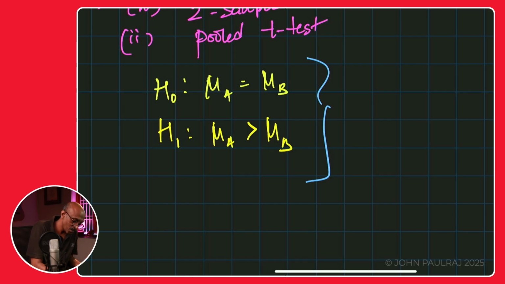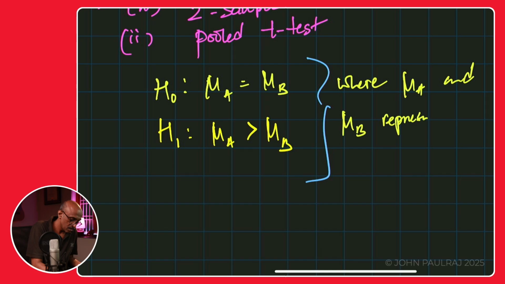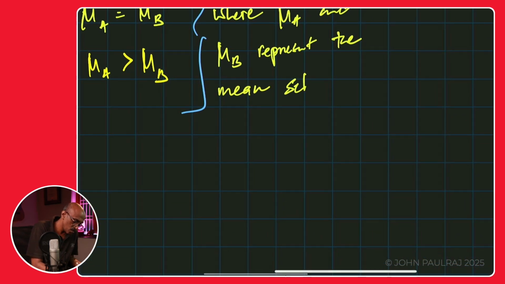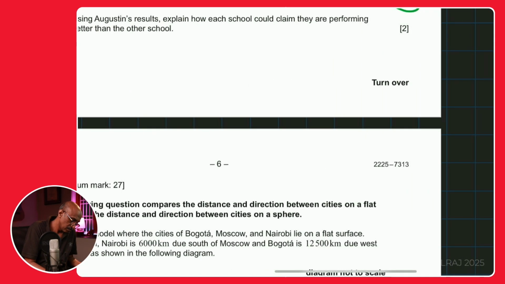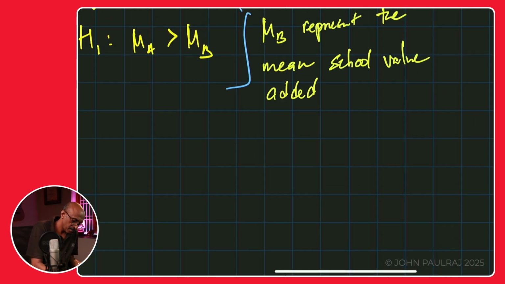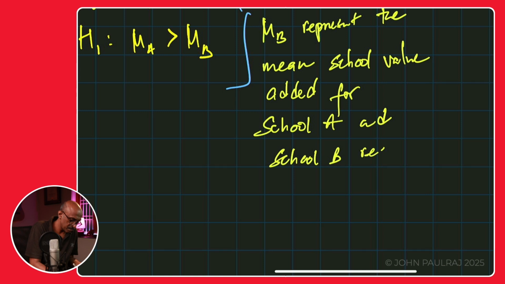So you can write it down: where mu A and mu B represent the mean school value added for school A and school B respectively. Make sure that is indicated clearly.